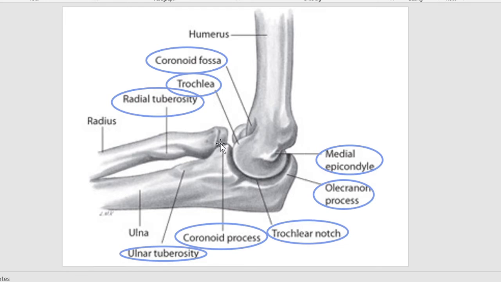If you look at the distance of the head of the radius from the capitulum, it is very far compared to the distance of the trochlea to the ulna, because the head of the radius articulates on the lateral side of the ulna.